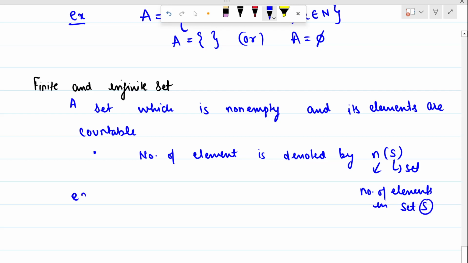For example, A is a set which contains 5 elements: 1, 2, 3, 4 and 5. So we write n(A) is equal to 5. So set A has 5 elements.